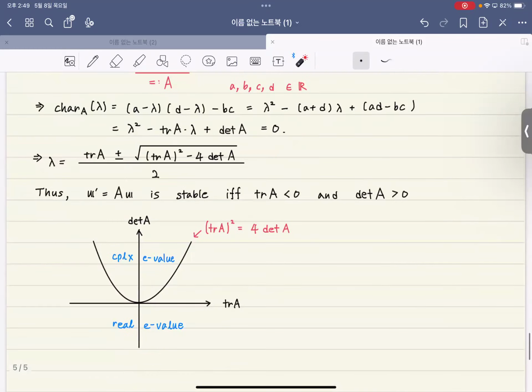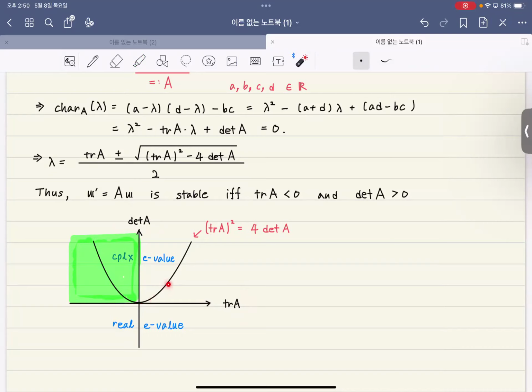So, precisely here. This is a very confusing diagram, but the x-axis means the trace of A, and the y-axis is the determinant.